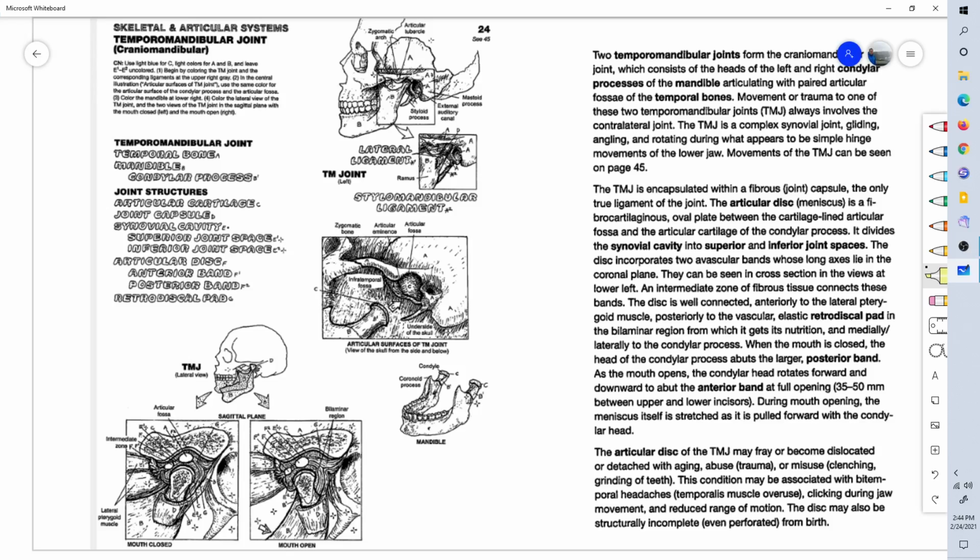The temporomandibular joint, also known as the craniomandibular joint.